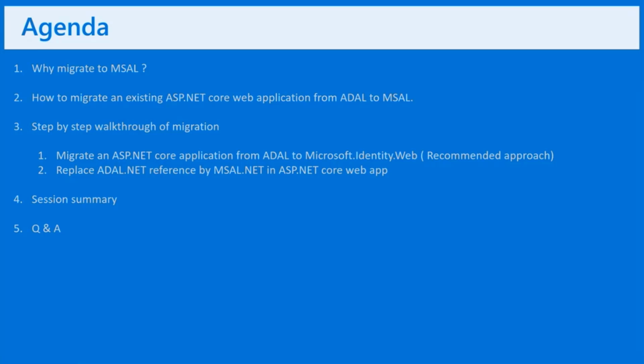There are a couple of options that we will evaluate today. One option, which is the recommended approach, is moving an ASP.NET Core application from ADAL to Microsoft Identity.Web. I will explain what Microsoft Identity.Web is in the demo. And there is another approach where we could use ADAL.NET in an ASP.NET Core web-based application.